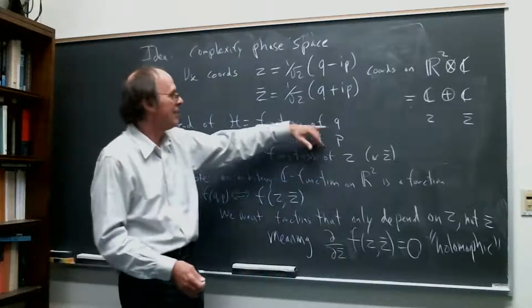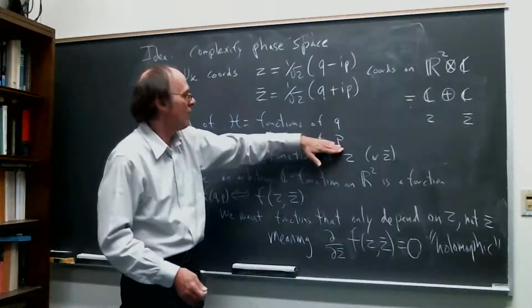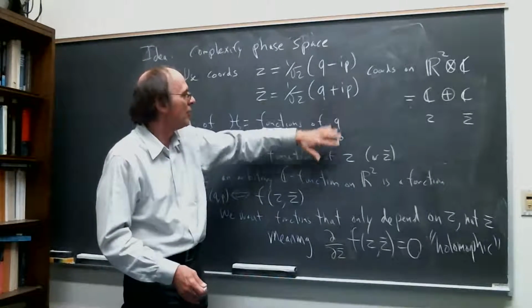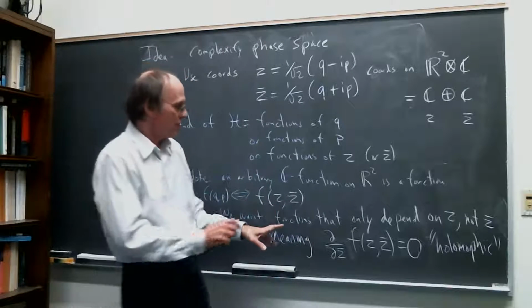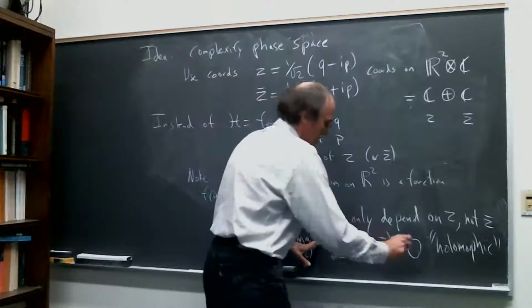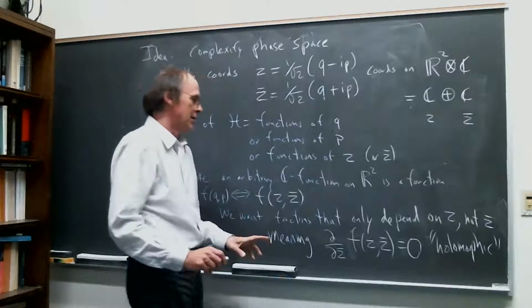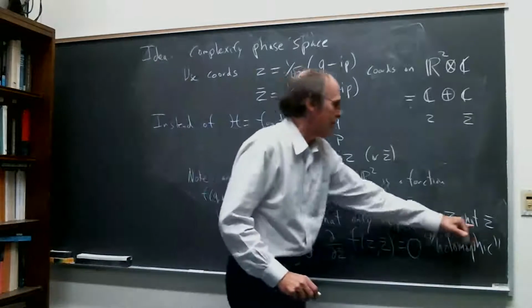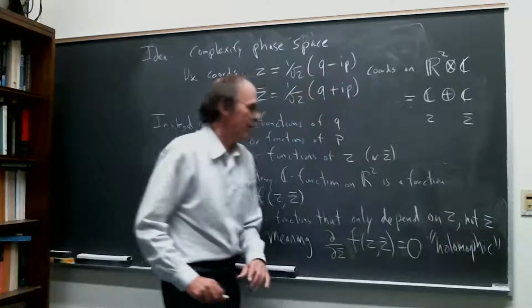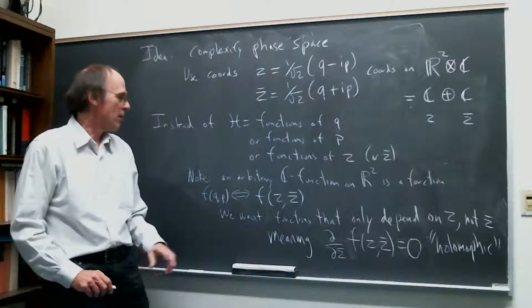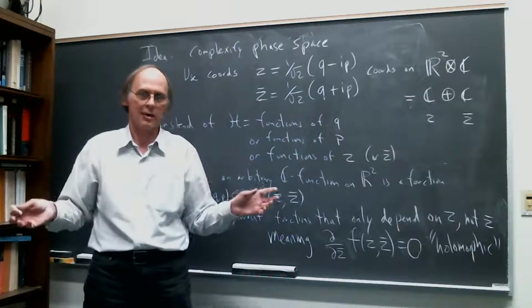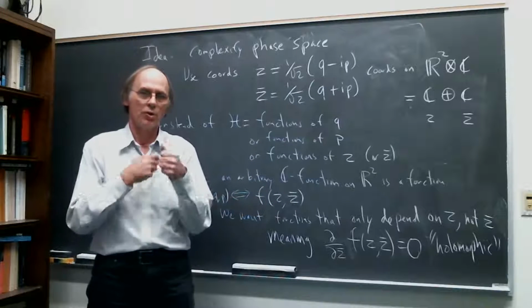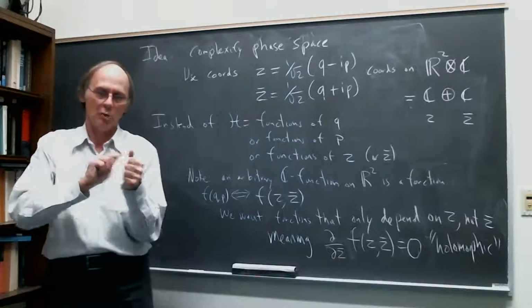Just like you had to say that your functions didn't depend upon P or they didn't depend upon Q. Well, what I'm saying is one thing you can try, which turns out to work, is to get rid of the things that depend on z bar. If you stick to polynomial functions, it's kind of trivial: you only allow yourself polynomial expressions in z.